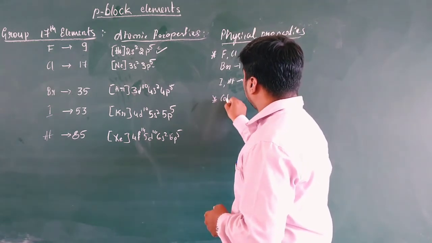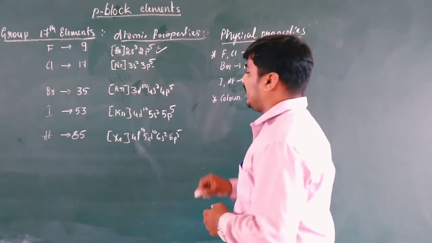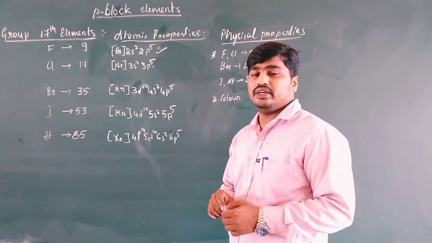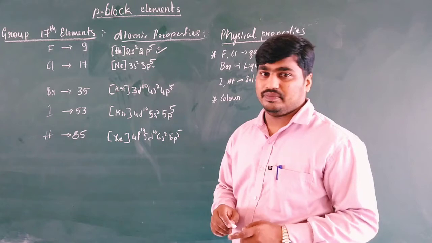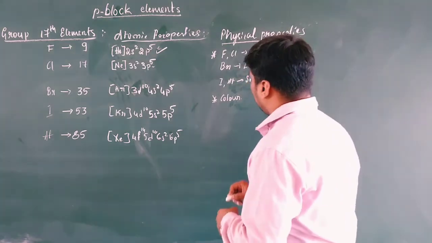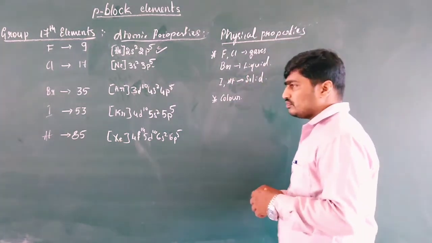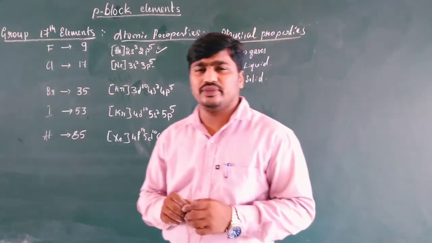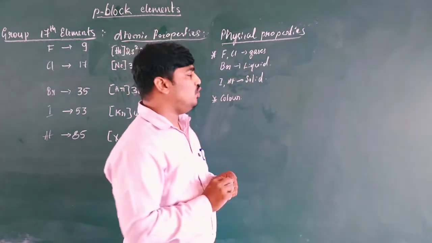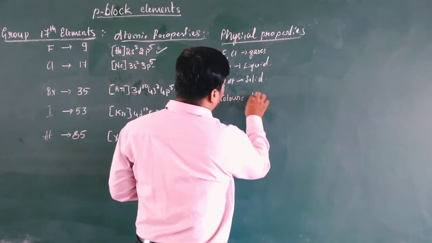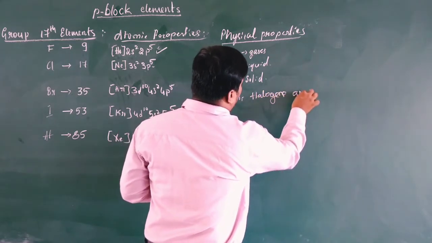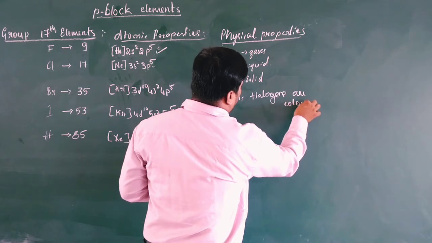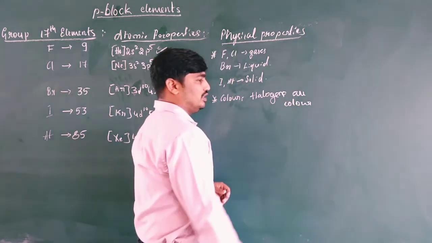Next is the coloring property. And the metallic property. What is the metallic property? These are non-metals, and the last one is a metal, radioactive. In the coloring property, here we observe a very important thing. Halogens are colored elements.